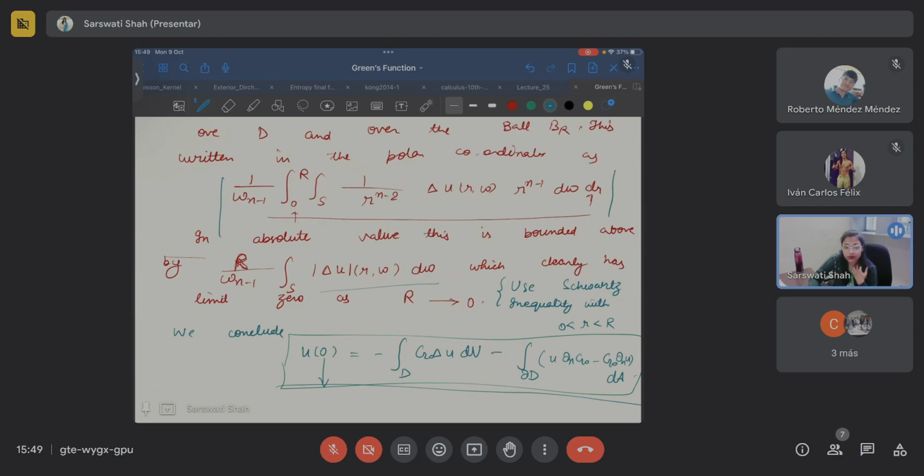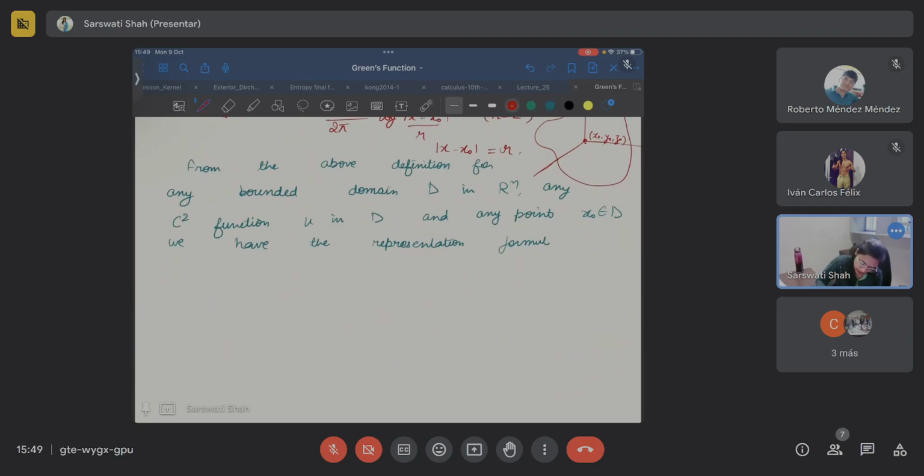When this 0, rather than being 0, equals the pole of the Green's function, if x equals x naught is the pole of the Green's function, then it can be represented as u of x naught equals minus integration of G(x, x naught) times the Laplacian of u over the volume, minus integration on the domain surface of u del n G(x, x naught) minus G(x, x naught) del n u dA.